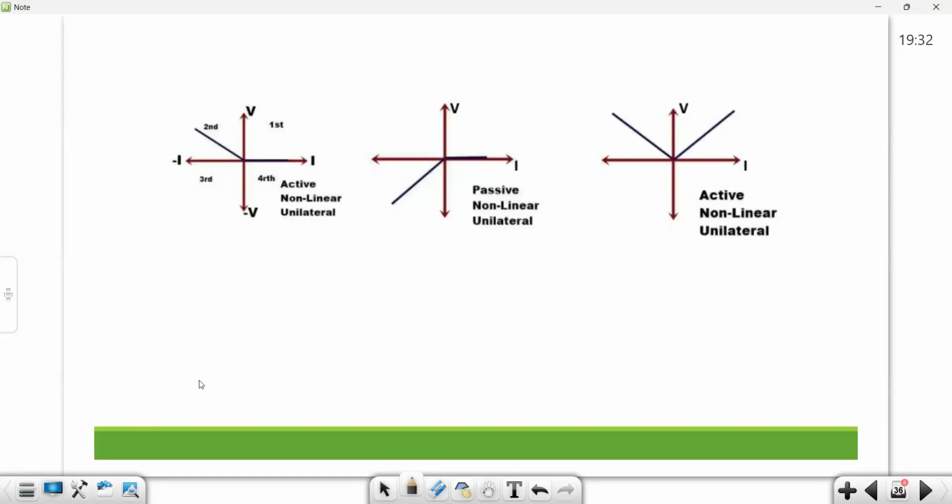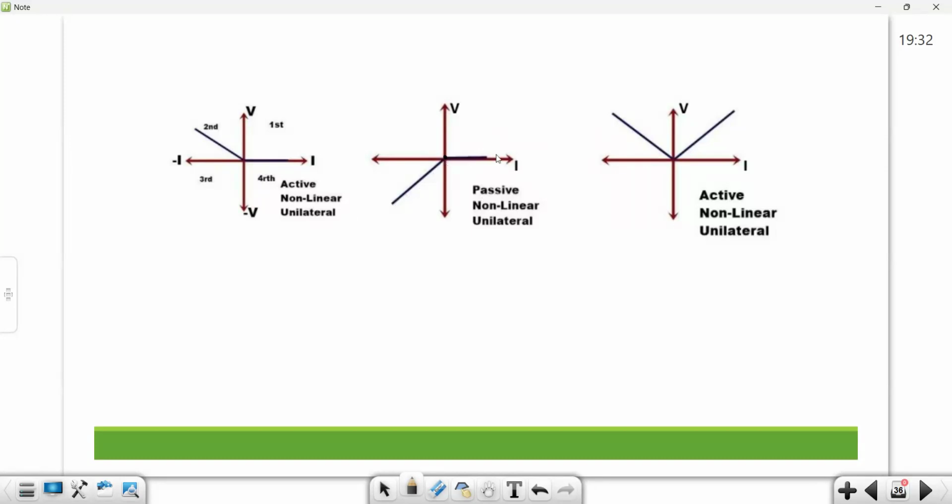You can see, if it is in the second quadrant, we'll call it an active element, and it is non-linear and unilateral. And here you can see it is in the third quadrant.